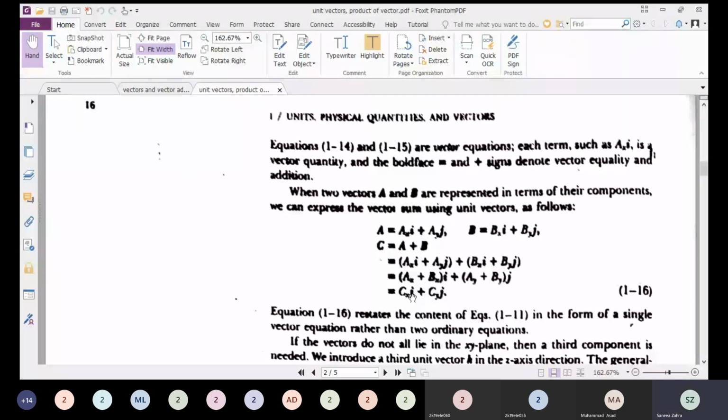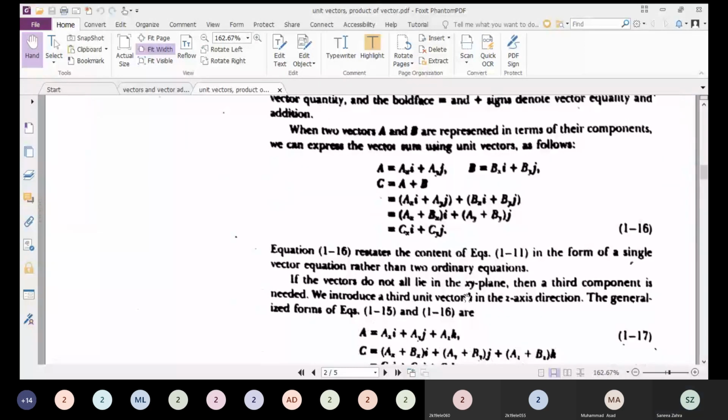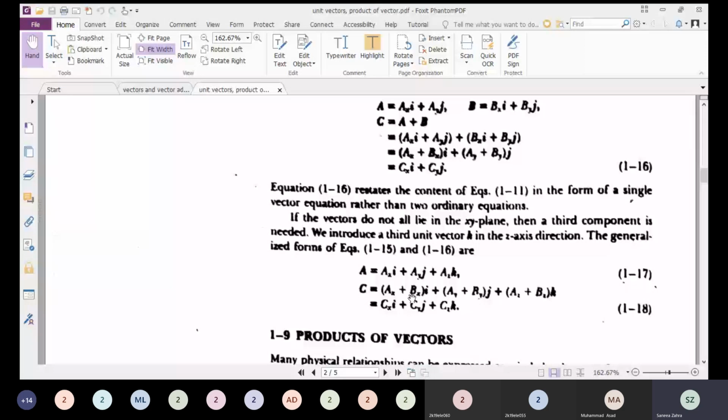With the x component, I put the unit vector i, and with the y component, I put the unit vector j. And this goes on. If we have three or more vectors, we add their x components, then their y components, then their z components, and at the end we get another resultant vector along with the unit vectors i, j, and k.